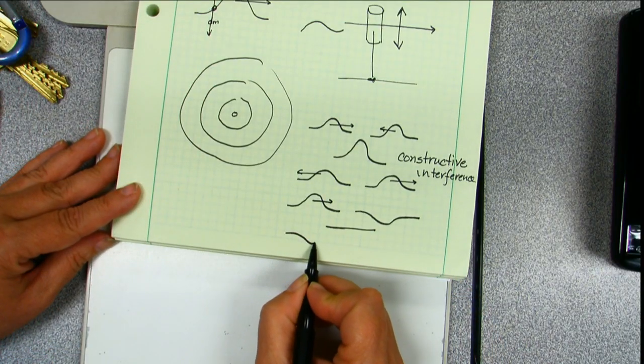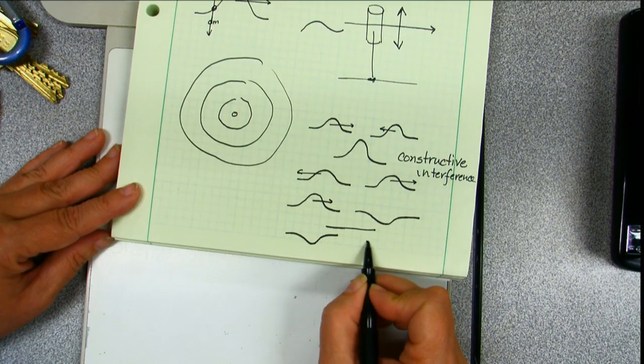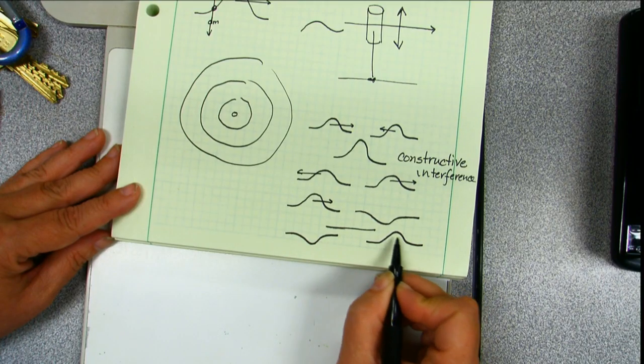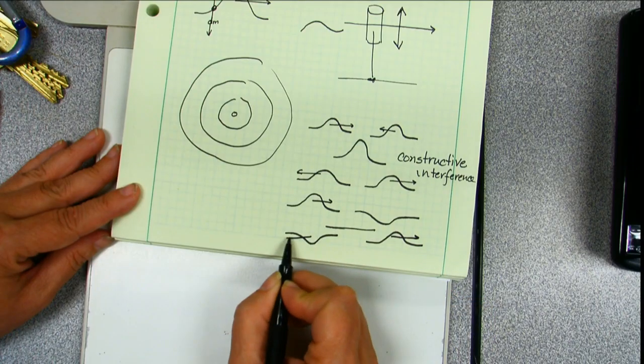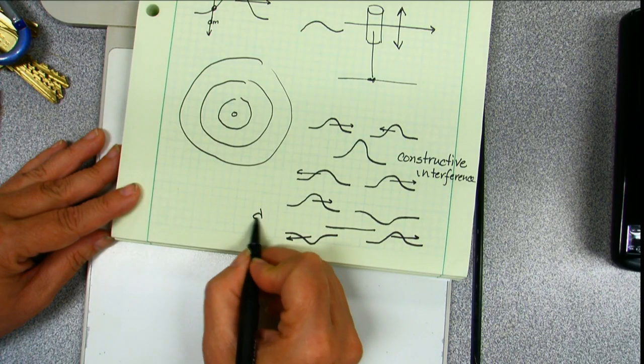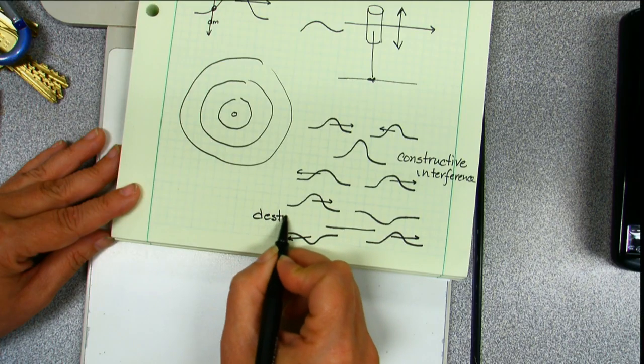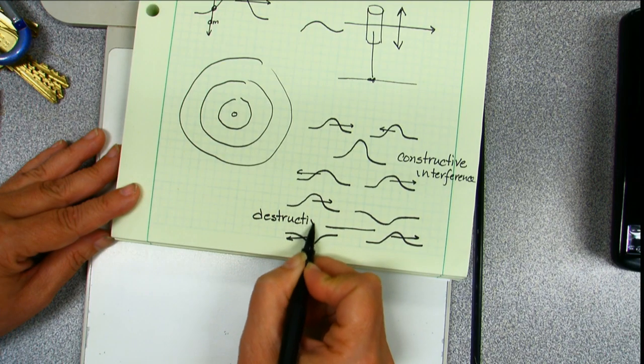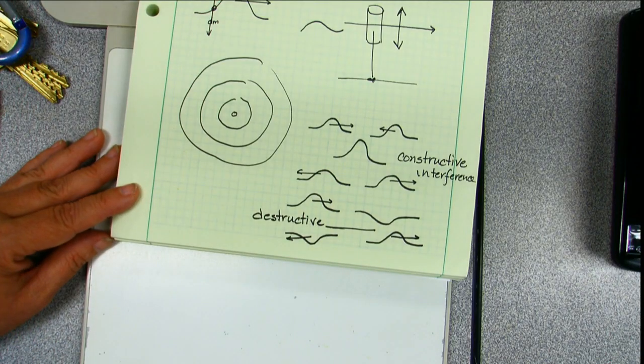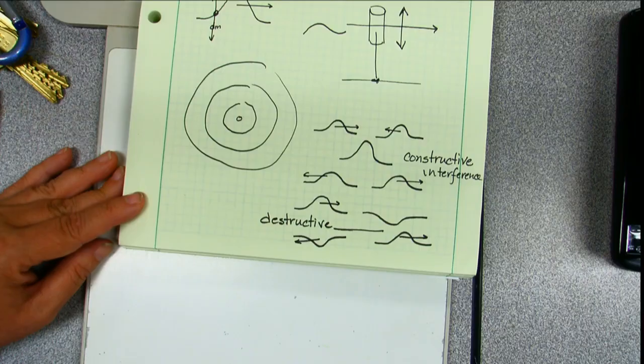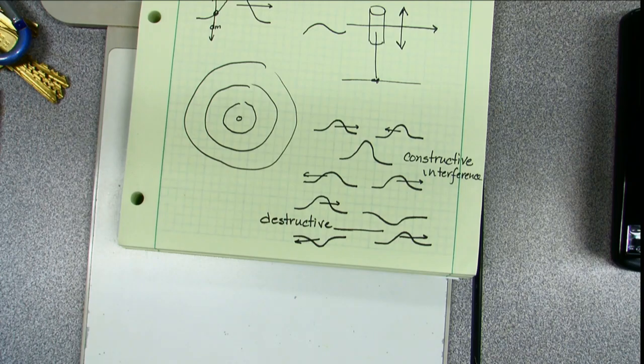And I have my pulse coming through like that, and now my pulse is going back like this. This goes in here, this one comes out that way. This is destructive interference. So you can have constructive and destructive interference. So you can get those pulses.